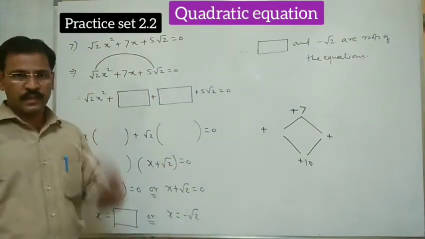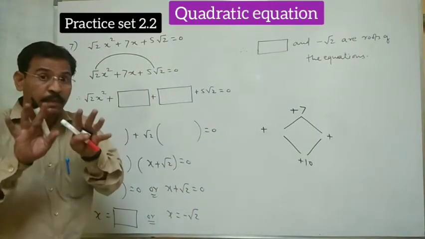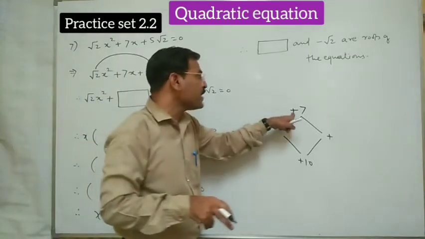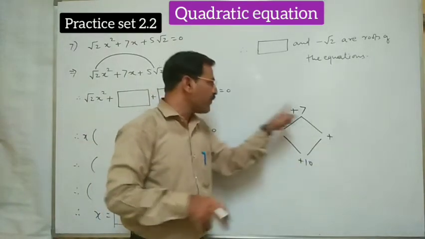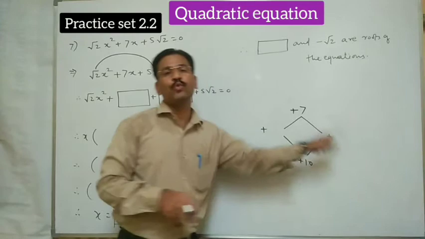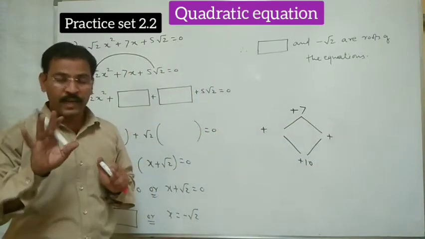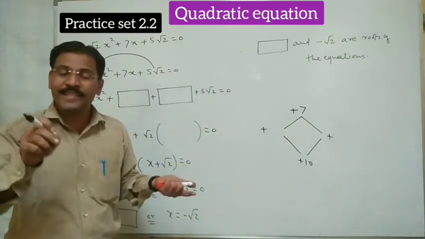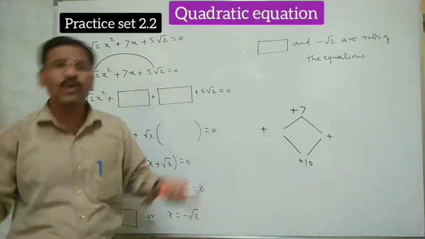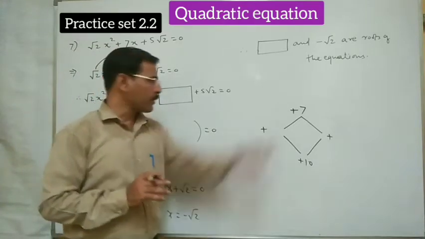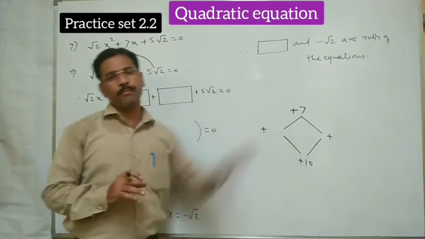If here plus, then only here plus. If here minus, then we have to write both terms as minus. Because their product is plus, either both are negative or both are positive. Because of the plus here, both are plus.